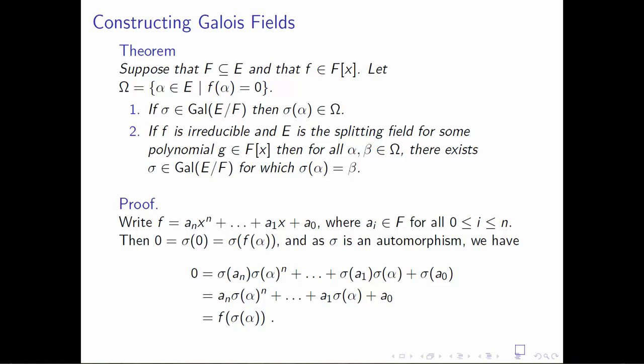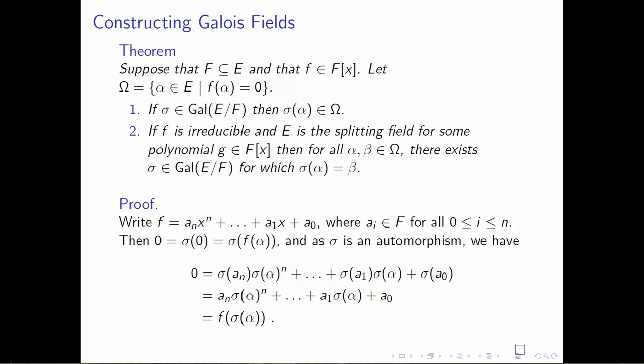Now, because sigma belongs to the Galois group of E over F, we know that sigma acts as the identity on all things that belong to F. In particular, the a sub i's belong to F, and so sigma of a sub n is just equal to a sub n, sigma of a sub 1 is equal to a sub 1, and sigma of a naught is equal to a naught, and so on and so forth. So that brings us from the first line to the second line. And then we use the fact that what we're looking at right there is just the polynomial f evaluated at sigma of alpha.